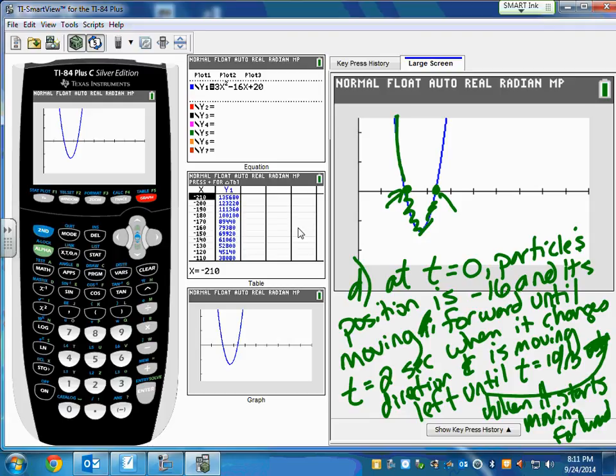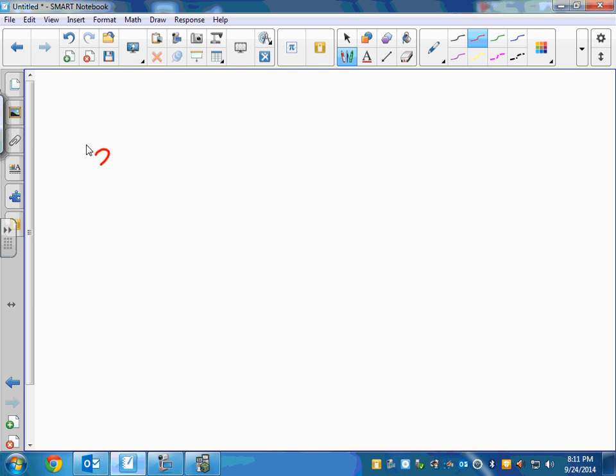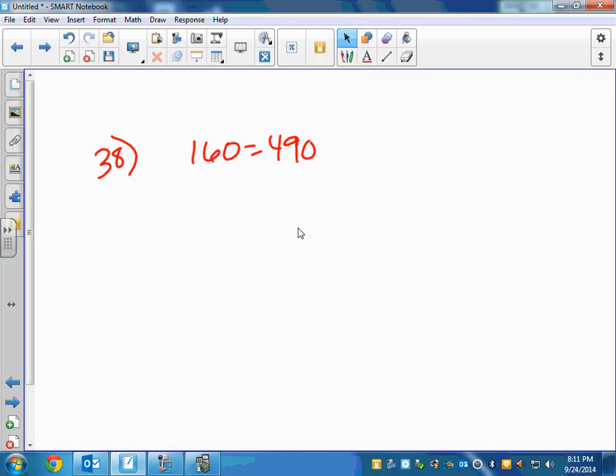I left mine as a fraction because it's more exact, but you could round to a decimal. When I solved this, I threw out the negative answer, and I got 4/7 of a second.